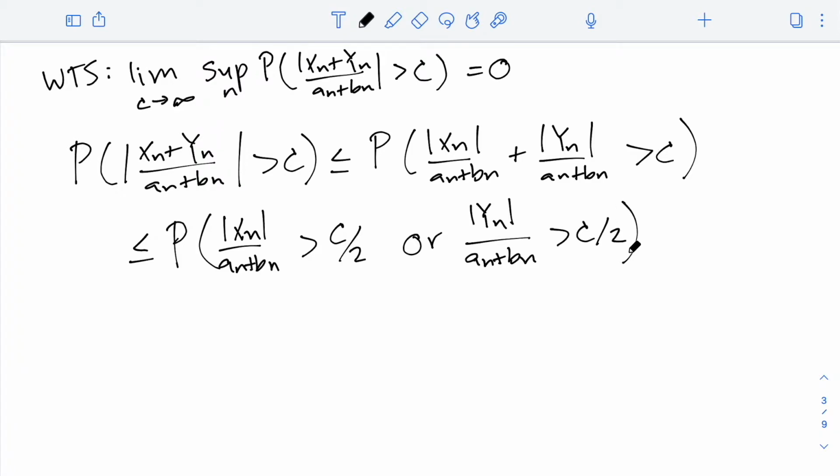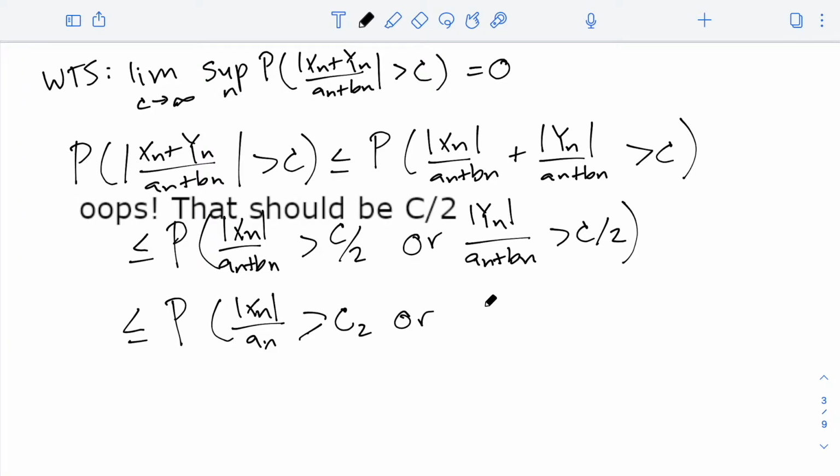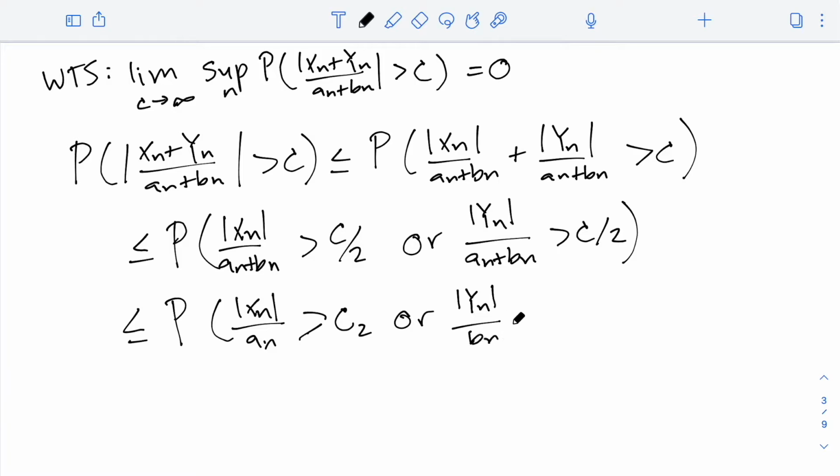So what did we do here? Well, for the sum to be greater than c, since these are both non-negative, one of the two is going to have to be greater than c over 2. And again, since an and bn are positive, this is less than or equal to the probability that |Xn| over an is greater than c over 2, or |Yn| over bn is greater than c over 2.